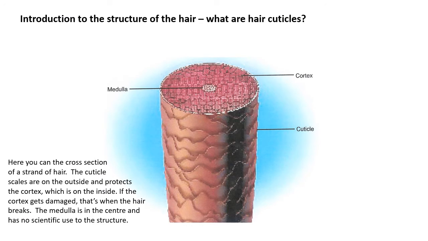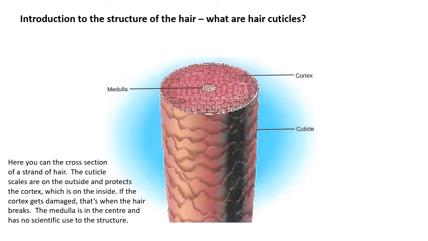Here we have an introduction to the structure of the hair. What are hair cuticles? We need to remember that there are two types of cuticles: hair cuticles and also nail cuticles. Today we are just talking about hair, so we just need to discuss the hair cuticles.